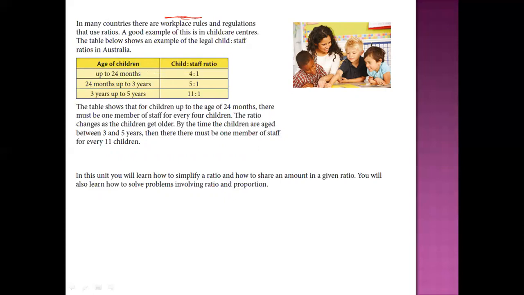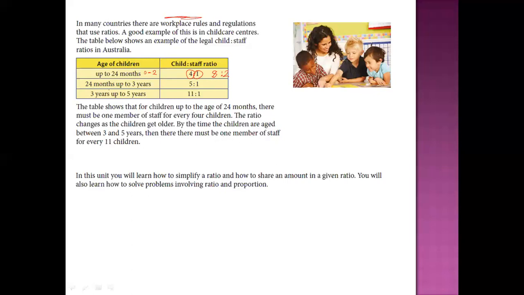It means from 0 to 2 years. For 4 children, the staff number is 1. If we have 8 children, it must be 2, because they're very small. If we use one staff for 4 children, we should use 2 staff for 8 children.